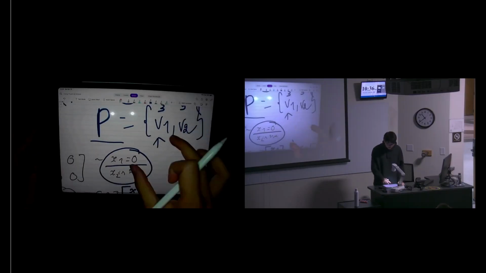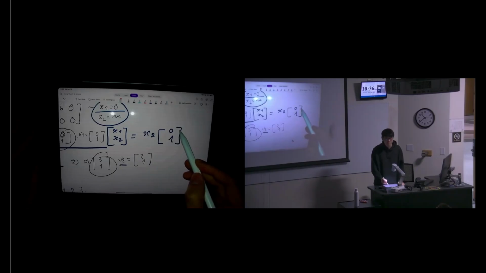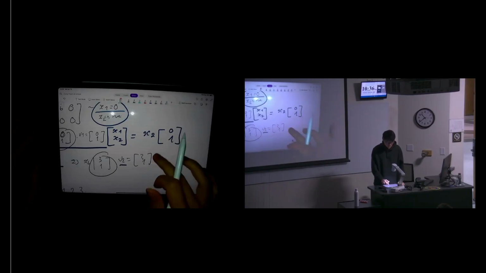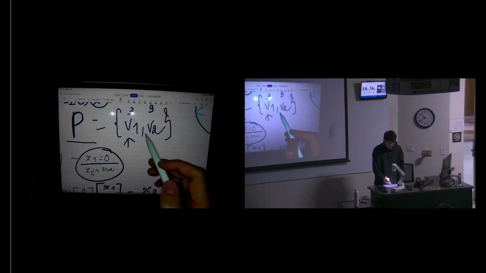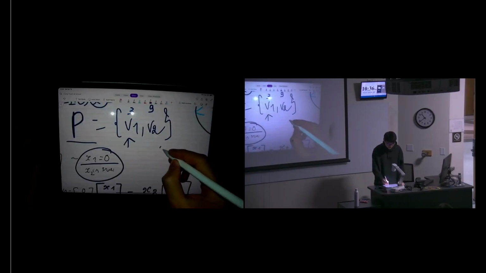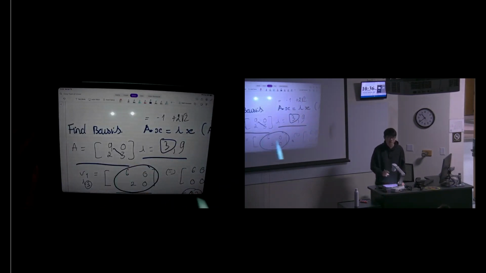And also, if you notice that my v1 is a 2 by 1, right? My v2 is also 2 by 1. And if I have them in my eigenspace, it will be a 2 by 2. And what is my original A? A 2 by 2. So if my eigenspace is the same size as my original matrix, then it's correct.